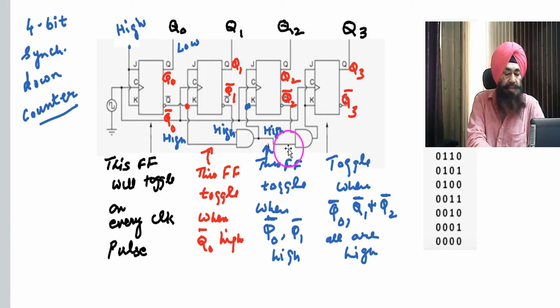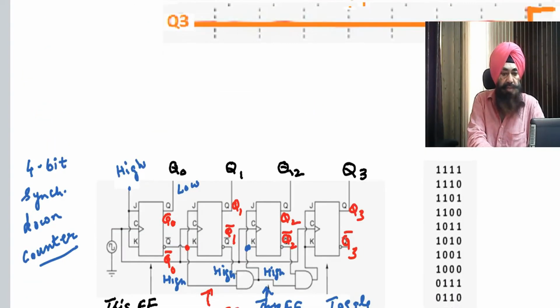Then again, the output of this AND gate and Q2 complement are applied to another AND gate, and the output of that AND gate is applied to the JK of the fourth flip-flop.